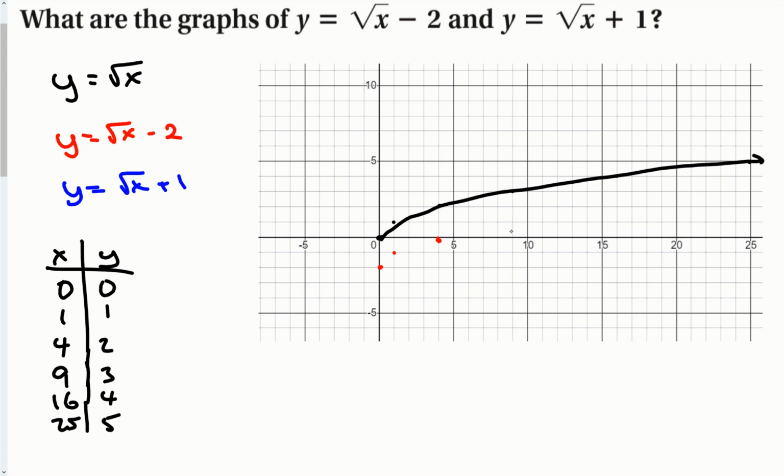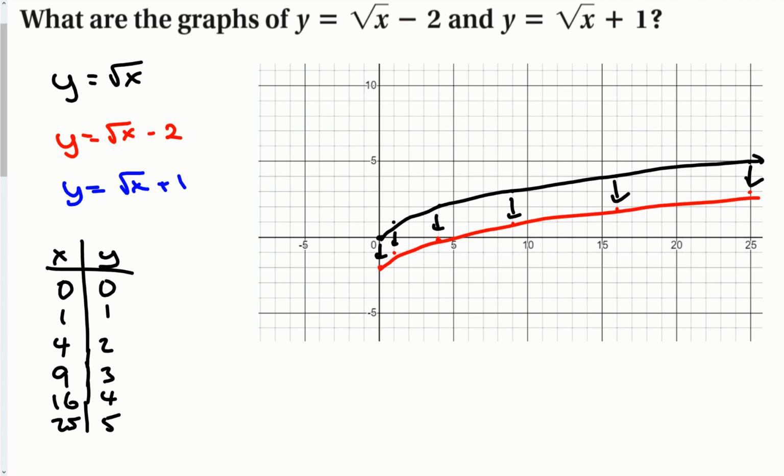If I go right 9, it's 3. 16 is 4. And 25 is 5. And you can see that every single point on this function is simply moved down 2.